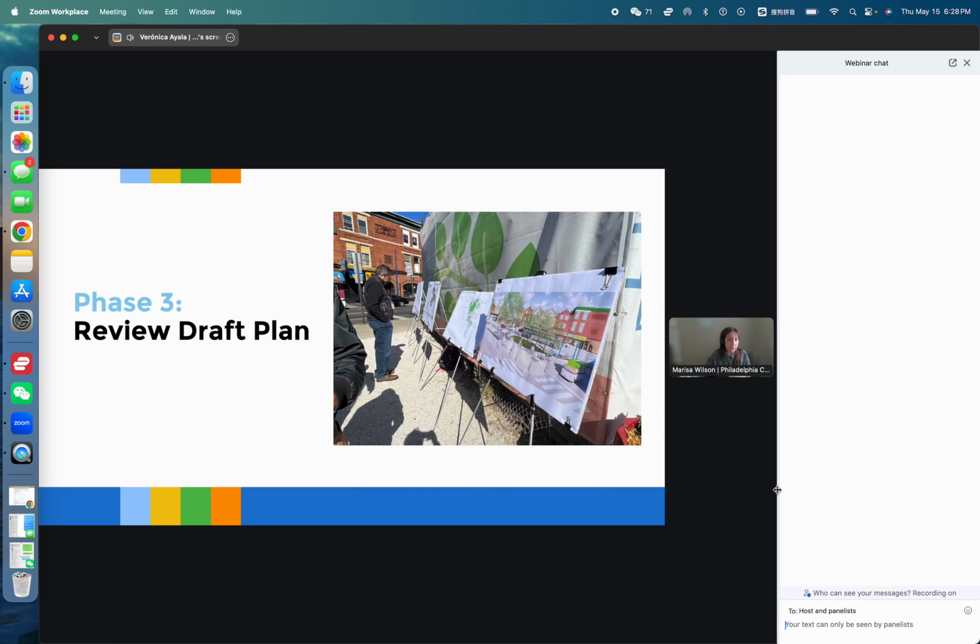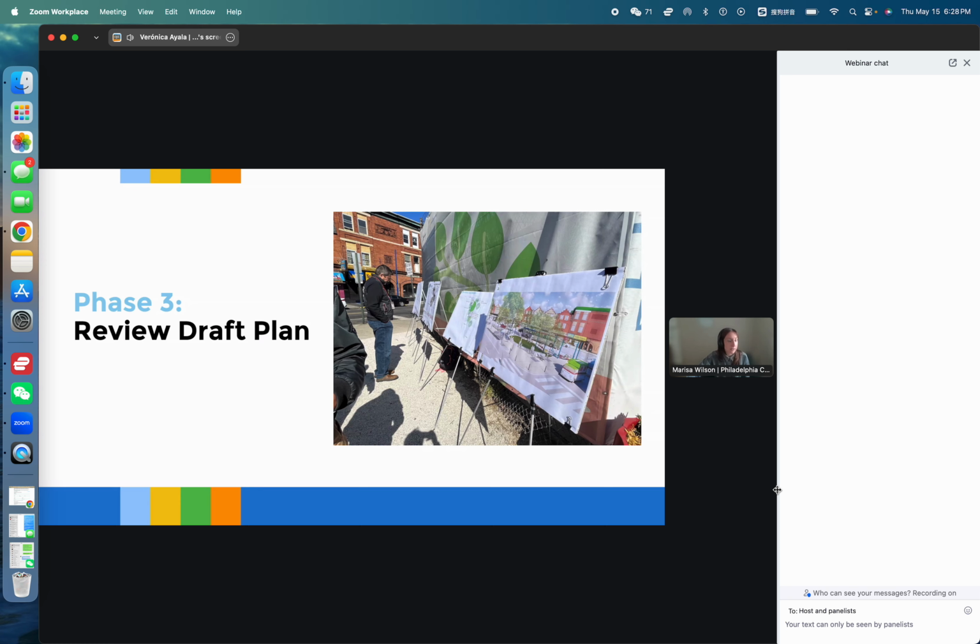Partners will give that feedback back to the Planning Commission, and they'll also help promote the Planning Commission's workshops and make sure that their community members can attend and share as well.